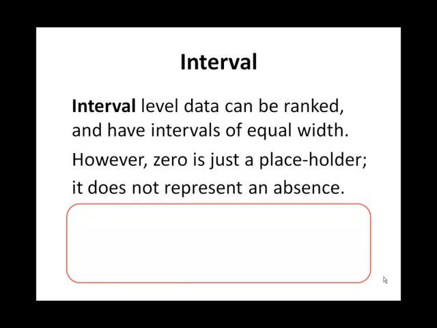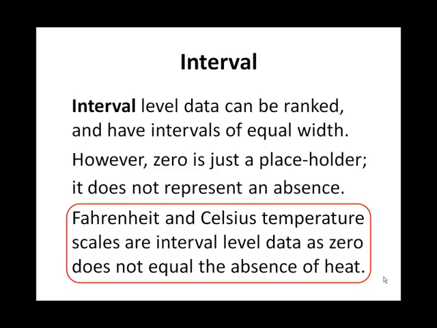So, common examples for this are really Fahrenheit and Celsius temperature scales. They're interval level data because 0 does not equal the absence of heat. And off the top of my head, I would say that interval level data are actually not very common.